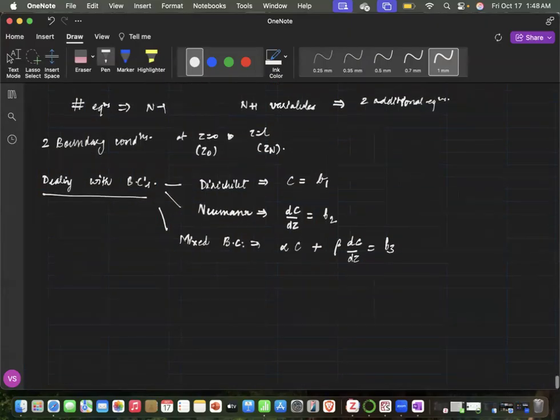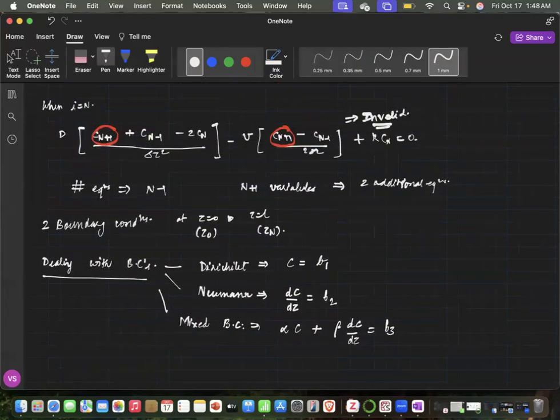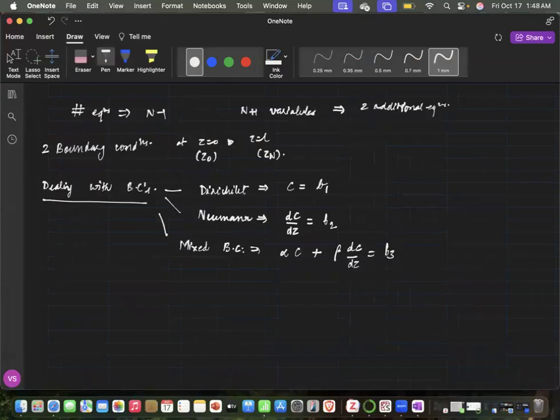When it's a Dirichlet boundary condition, it is a simpler case because this acts as an additional equation. So you don't really need to worry about treating it differently.